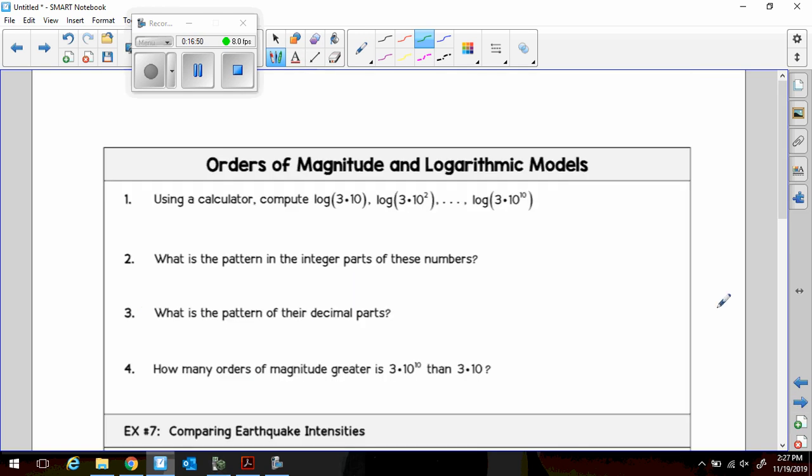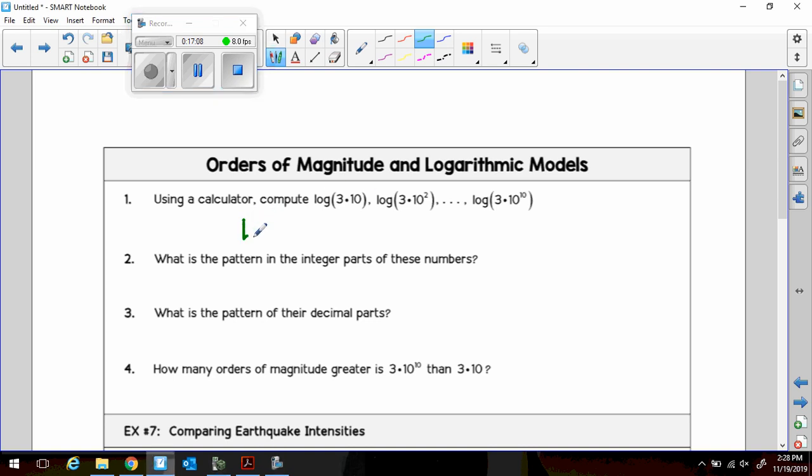So order of magnitude and logarithmic models. You guys can do this. Just plug it into your calculator. The pattern. So I actually had to plug it in to see what the pattern was. So I'm going to plug this in.